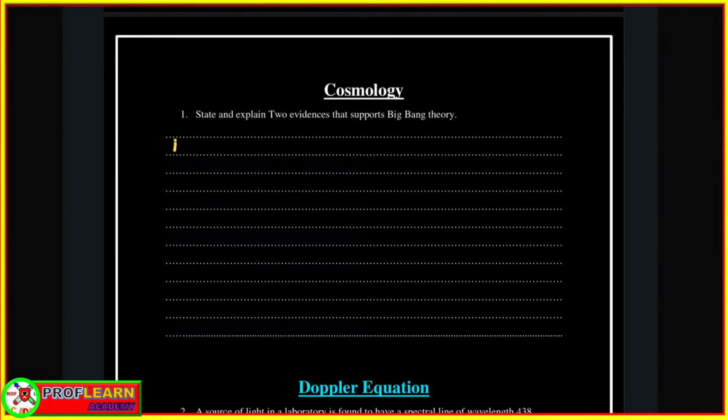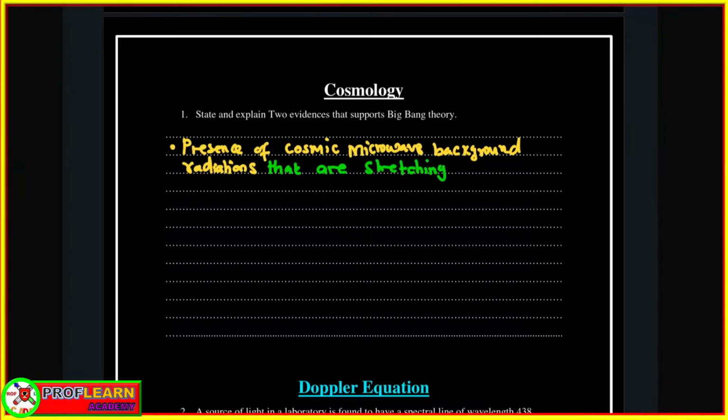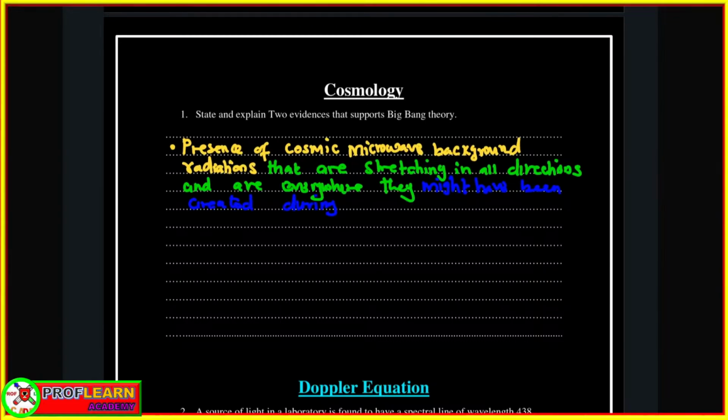If you are asked to state and explain 2 evidences that support Big Bang theory, remember that the first evidence is the presence of cosmic microwave background radiation, which is everywhere, stretching in all directions. It might have been created during the Big Bang, and that is why it serves as evidence.